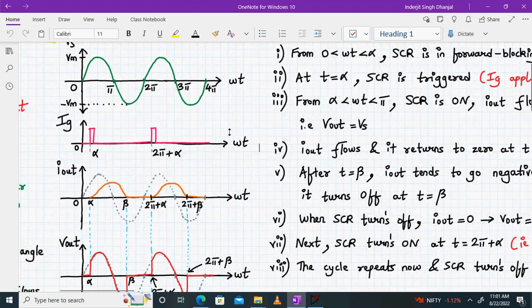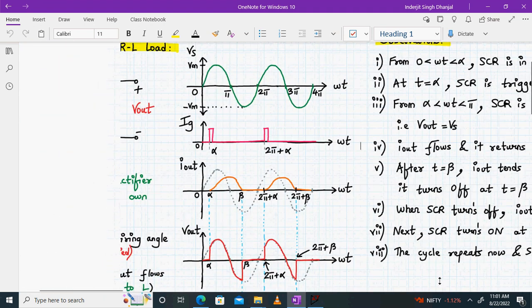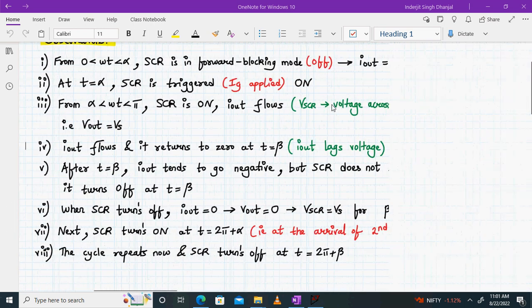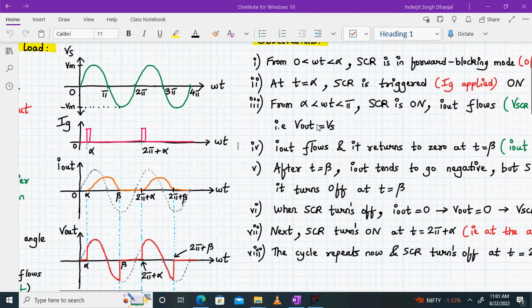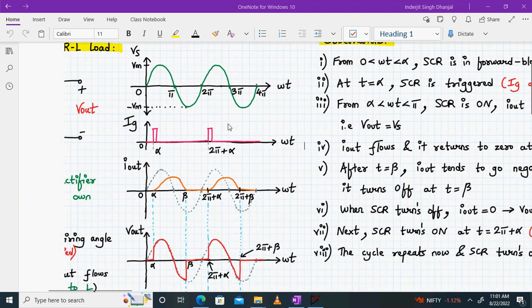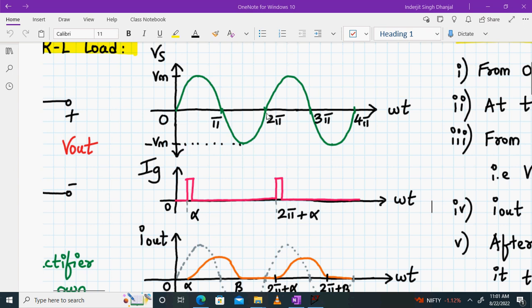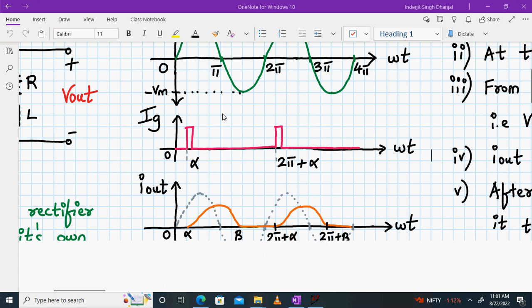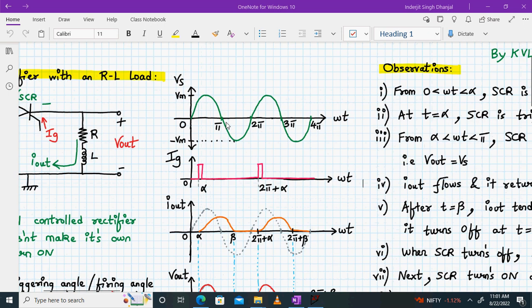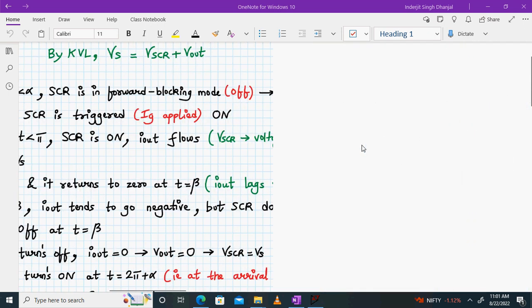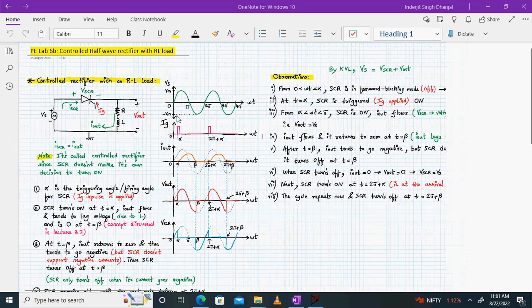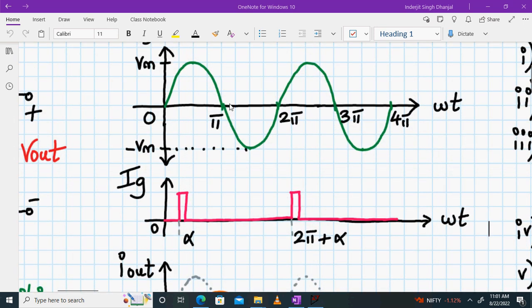Wait, it's taking some time to load. Okay, so basically your 0 to 2 pi will be 0 to 360. That means 0 to pi will be 0 to 180 degree. Yeah, it has come now, I guess. No, not yet. So 0 to pi will be around 0 to 180 degree, right?